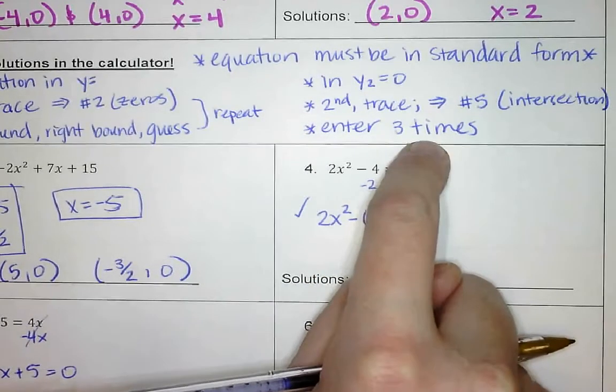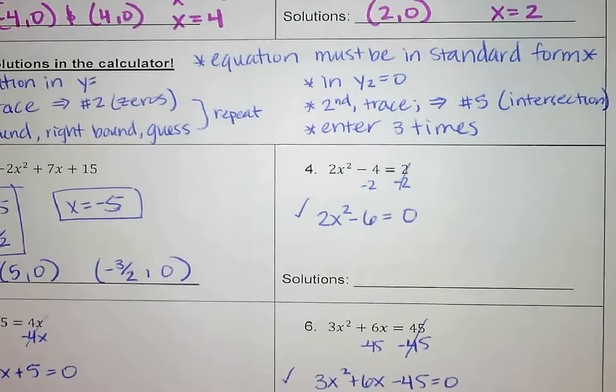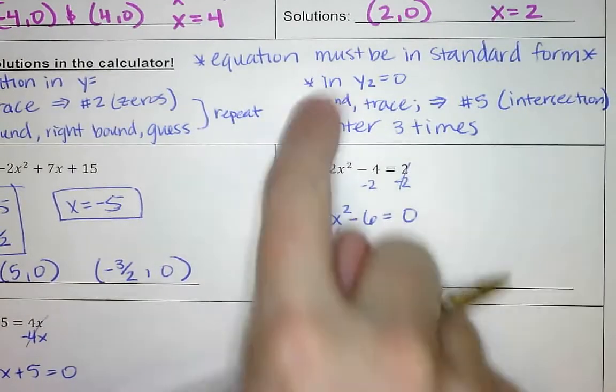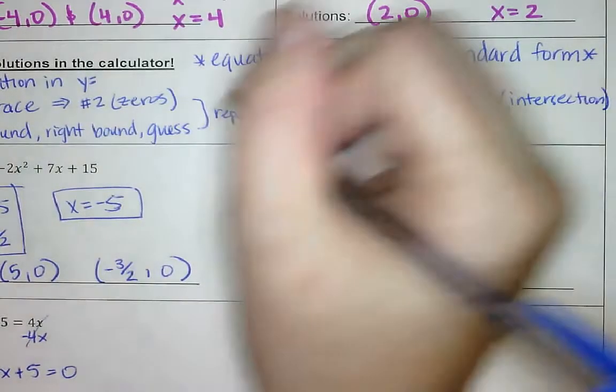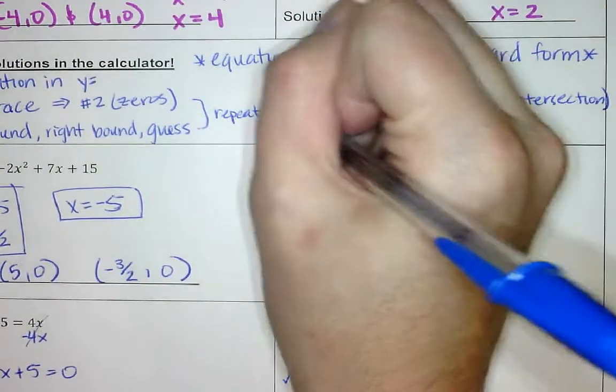I can do it, but it's easier not to, in my opinion. So I like it this way, but you have to repeat those 2 steps for both of your zeros. Does that make sense, y'all?